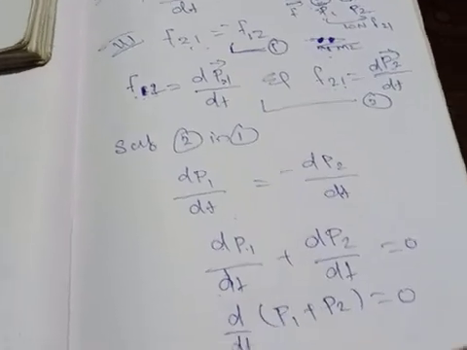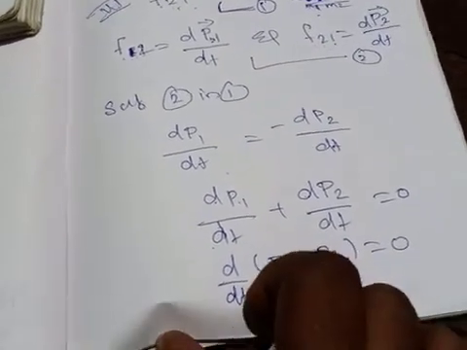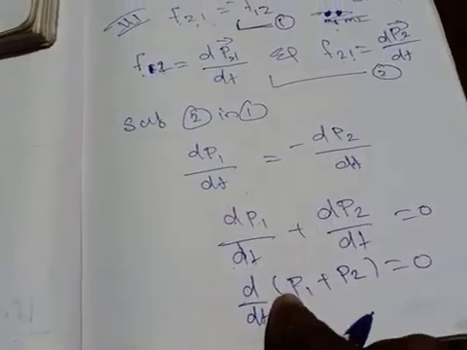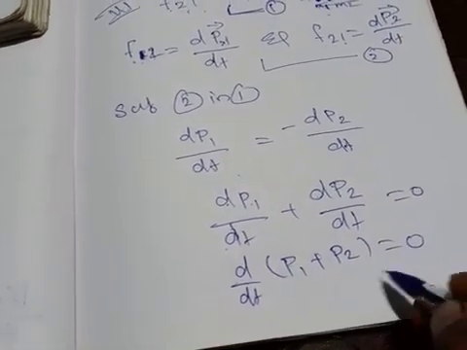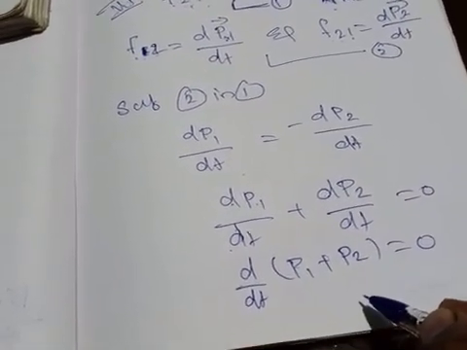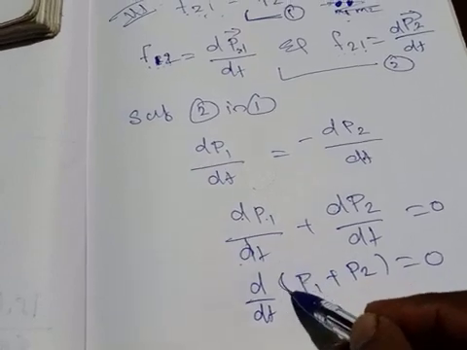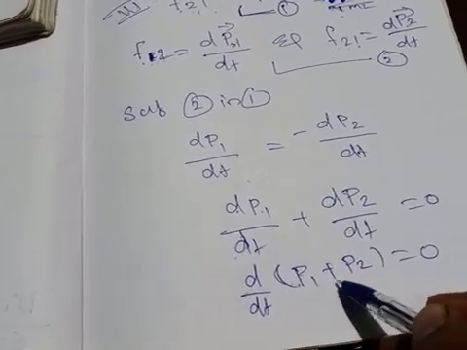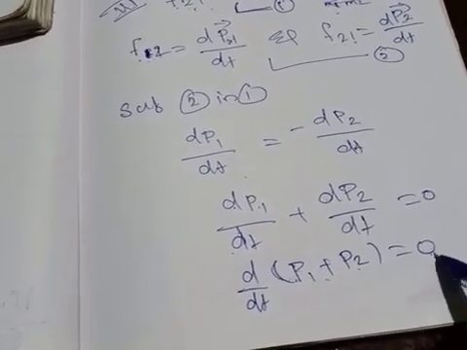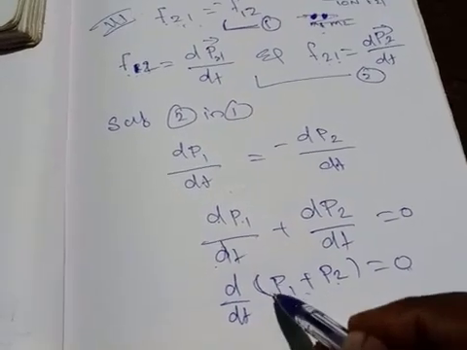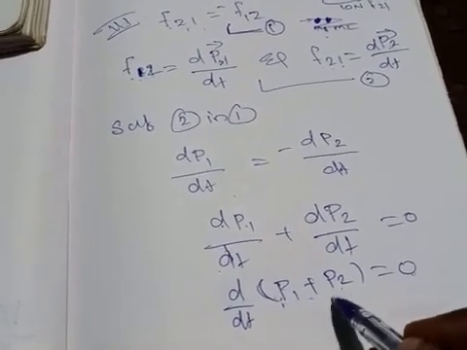So this is what we proved. You see, d by dt of p1 plus p2 equal to 0, so we can tell that this total linear momentum p1 plus p2 is conserved.